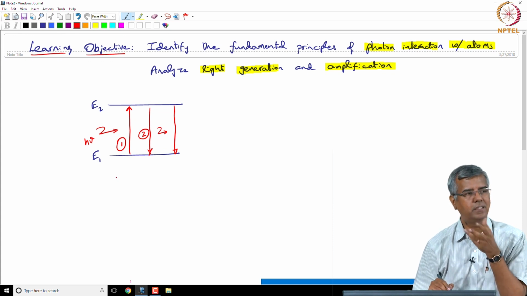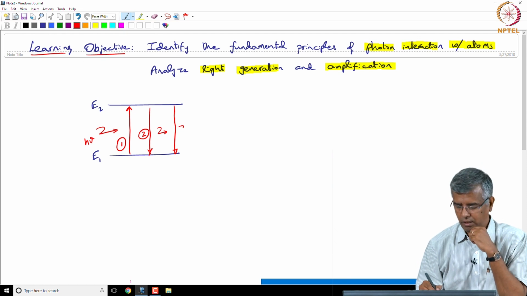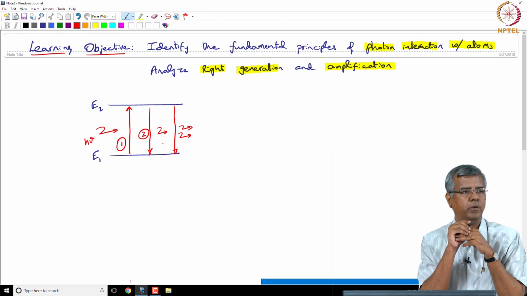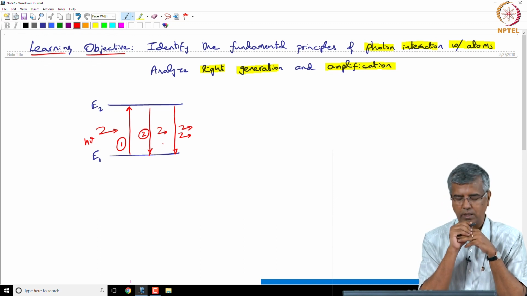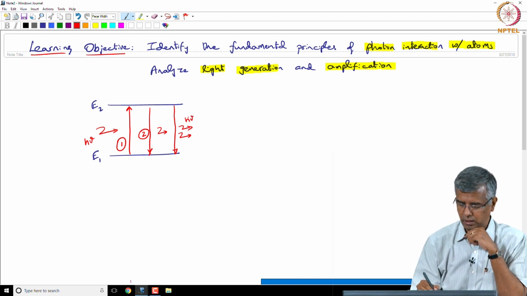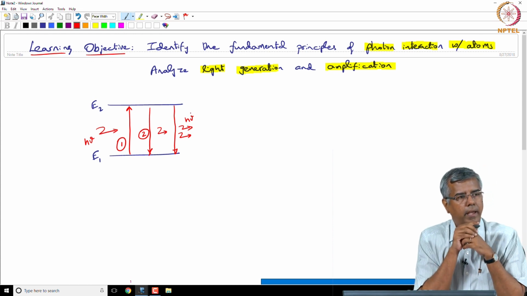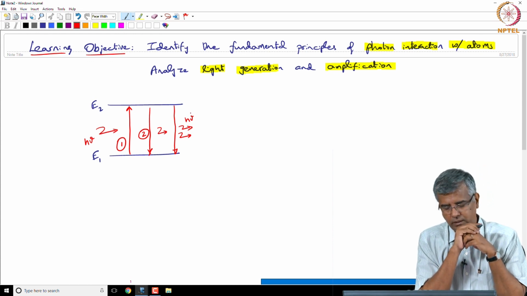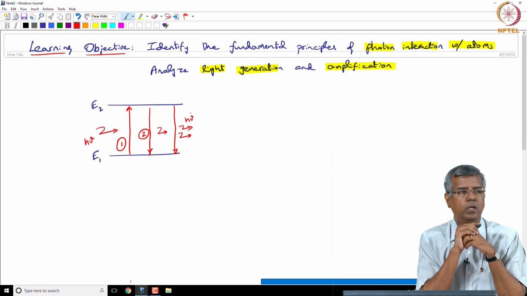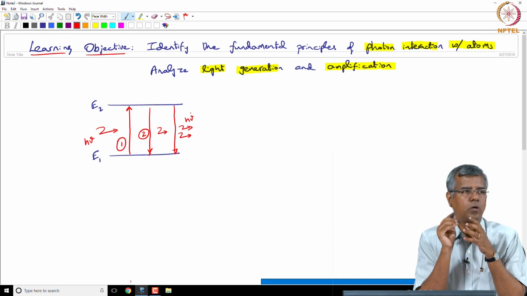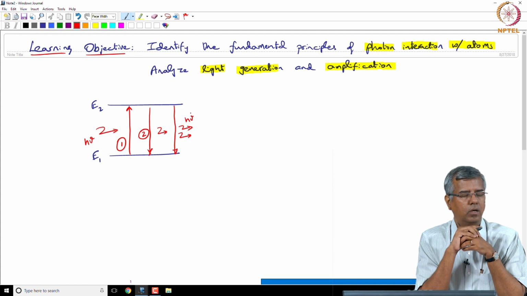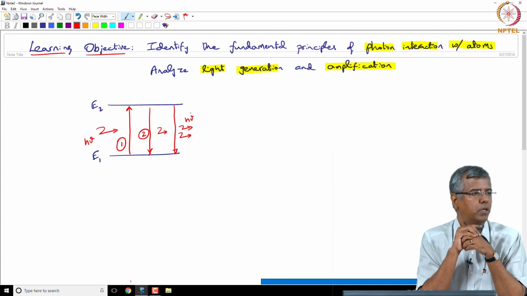It encourages this atom to give up its energy, in which case it emits two photons. You come in with one photon, you go out with two photons with the same energy h nu, and such that the other photon that is emitted is absolutely a clone of the incoming photon.